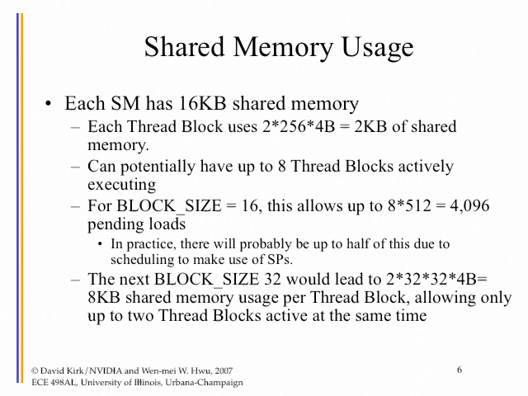GTX. If I increase the block size to 32, I would need 2 times 32 times 32 times 4 bytes of shared memory usage now. And so that's only 8 KB. As you were alluding to, I can still have enough shared memory for that tile size, right? However, it allows you to have only 2 blocks now.